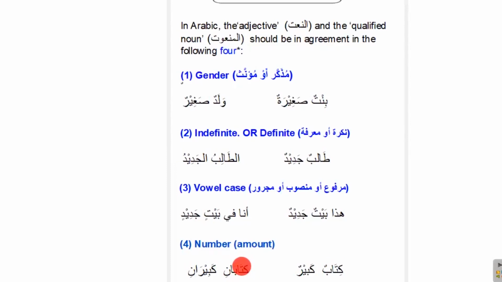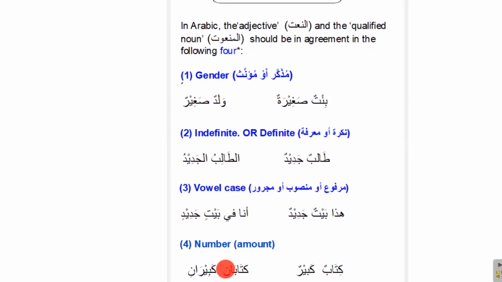In Arabic, if you want to form the dual of something, for example kitab, a book, and you want to say two books, you add alif wa nun. So kitabani, instead of kitabun, just add alif wa nun to make kitabani, two books. The same way, kalamun, kalamani, two pens.